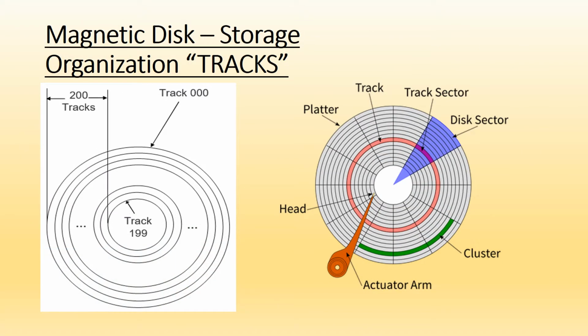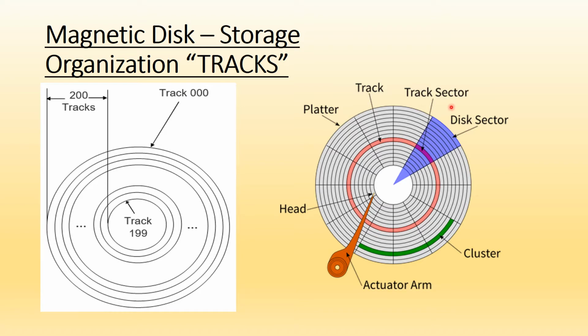So, magnetic disk storage organization. They are organized in what is known as tracks. For example, this space over here is the tracks of a disk. As you can see in this picture, a disk is divided into different sections.